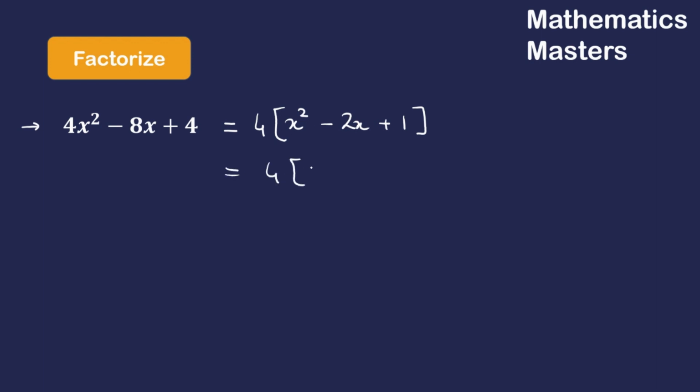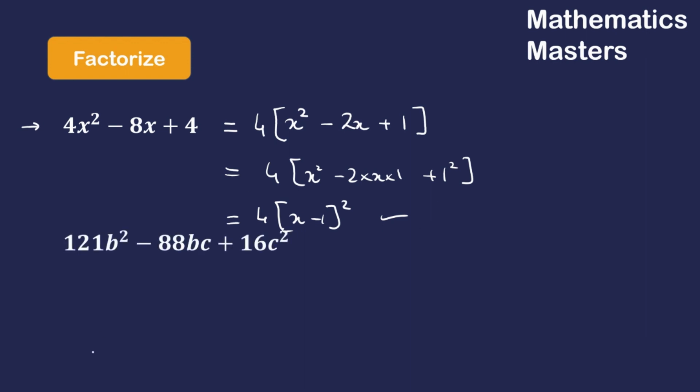So x square can be written as x square, the 1 can be written as the square of 1, and minus 2x can be written as minus 2 times x times 1. So I have to apply the second identity backwards over here. So 4 times (x minus 1) the whole square. So this is the factorization.